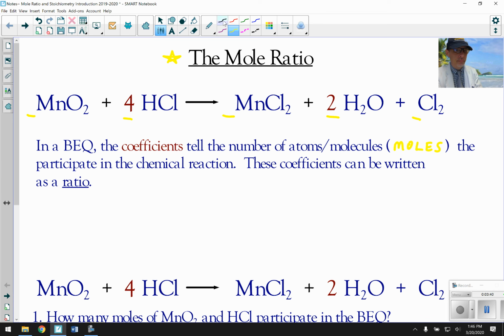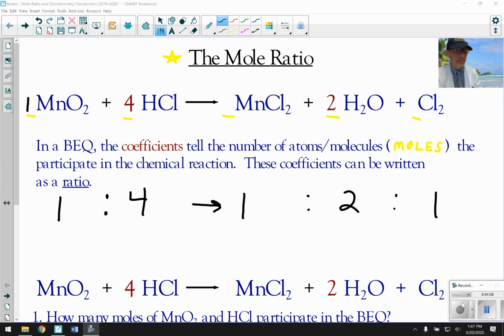So if you had to write the ratio of the molecules in this chemical reaction, you'd see there's 1 mole of MnO2 for every 4 moles of HCl. And that's going to produce 1 mole of MnCl2, 2 moles of water, and 1 mole of chlorine gas.